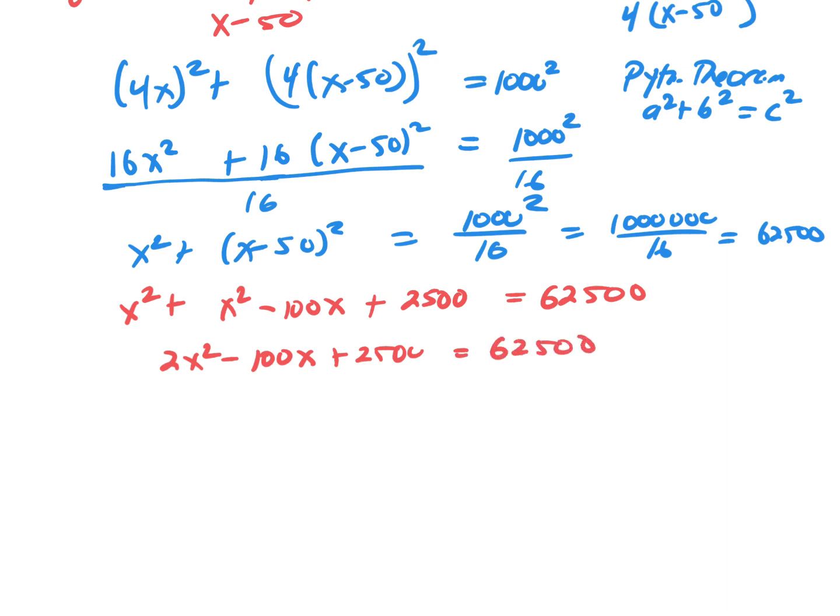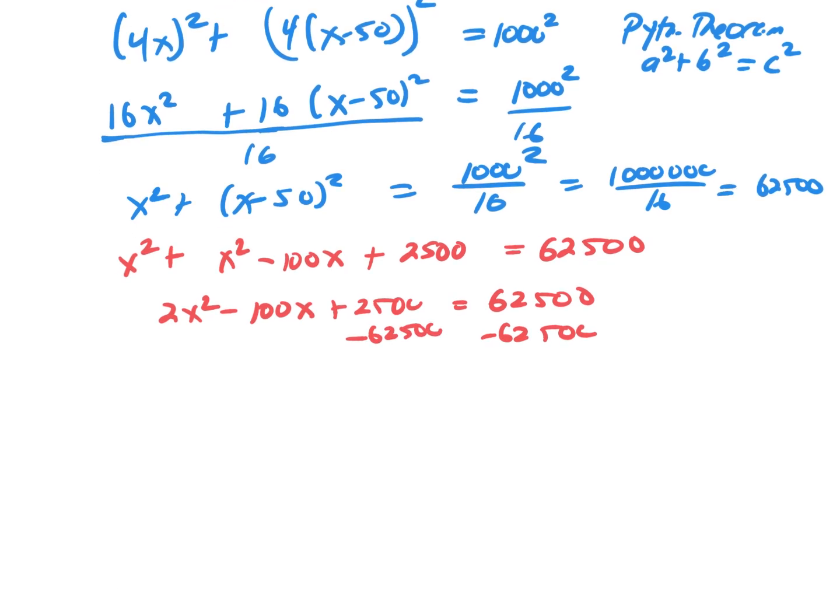I'll subtract 62,500 from both sides. And so that's going to give me 2x squared minus 100x minus 60,000 is equal to 0.